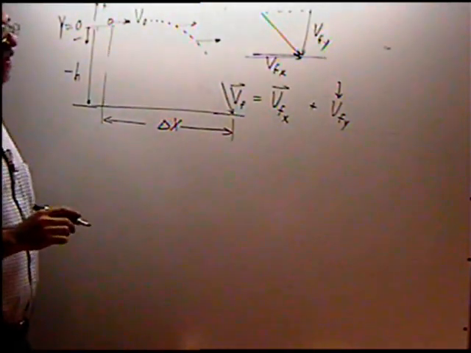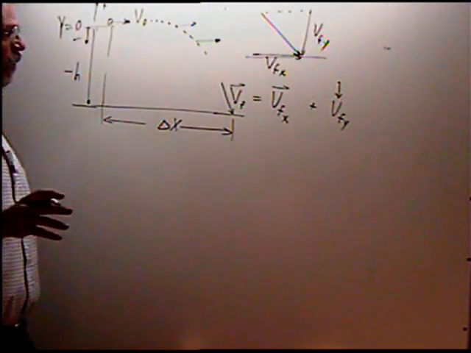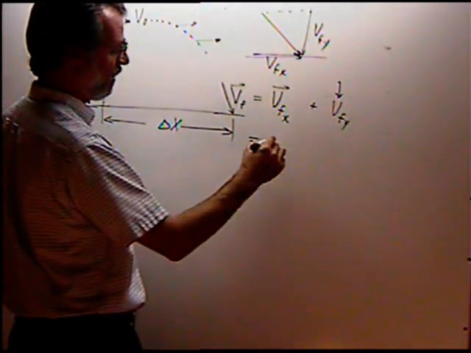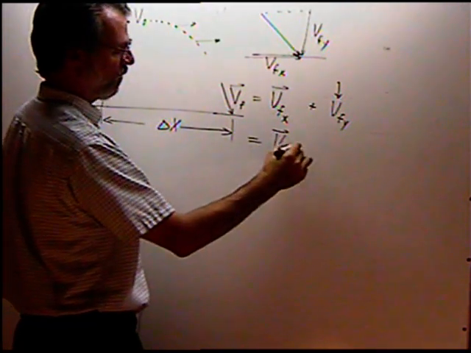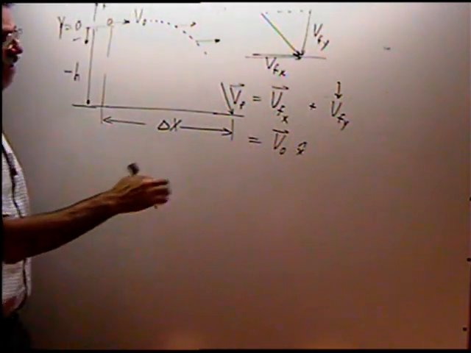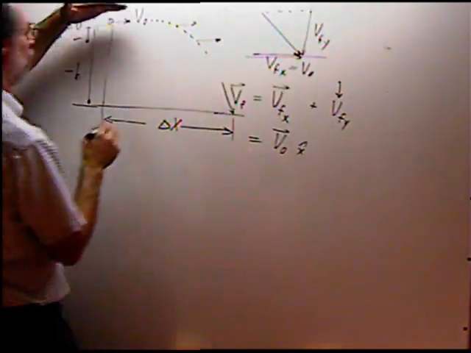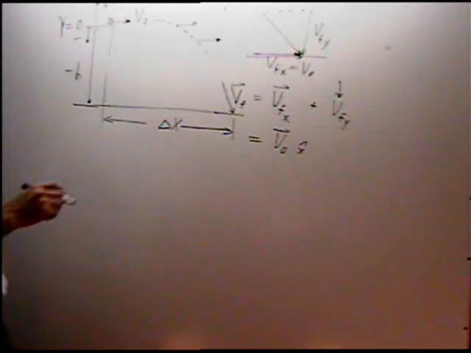Okay? Can we solve for that? Absolutely we can. How do we do it? Well, the horizontal component is quite easy. We know what that is. It's simply V0 in the x direction, it hasn't changed. So this final velocity in the x dimension is simply the initial velocity here. It hasn't changed. But the y is a different story.